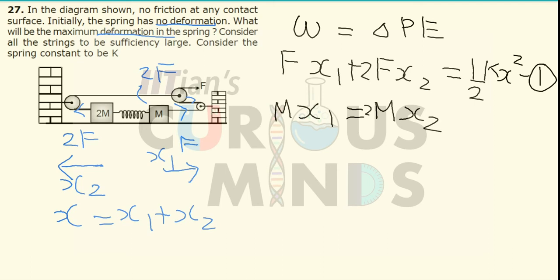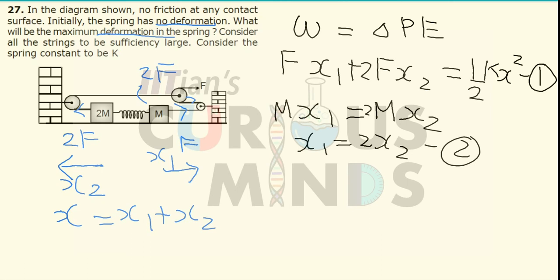Because both of them are connected by spring, the center of mass, at whatever distance it may be, will remain constant. So I can say that x1 will be equal to 2 times x2. Let this be the second equation.